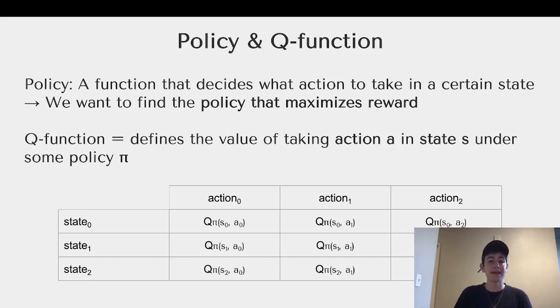And the most basic way of formulating this is, let's say we had a table where on the left we had some states, and on the top we had some actions, and they had a corresponding Q value. And this Q value tells us the value of that action within the given state. How valuable is it? Will it yield a higher reward? Will it bring us closer to the terminal state, to the state at which we want to end at? All right? And we create this table, and we'll be able to use this table to say, okay, I'm in state 1. What action maximizes the Q value or the reward in this state?